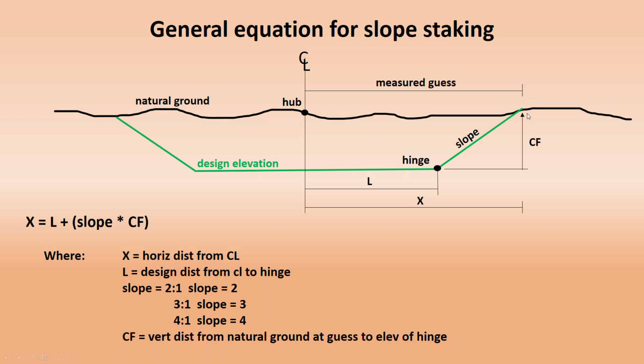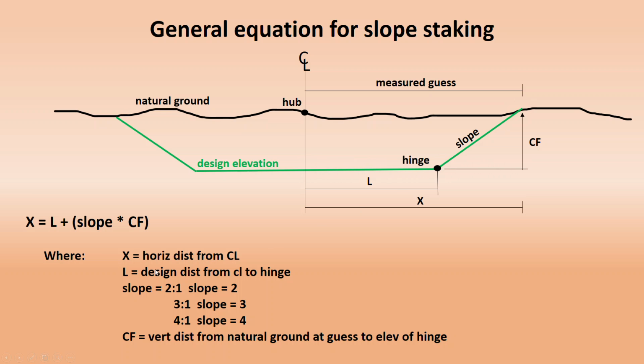Could be 1 to 1, 2 to 1, or 3 to 1. And we don't know how far we're going to have to run that slope out horizontally before we catch the ground, because the ground is an unknown surface equation. So that's a variable distance. L is a fixed distance. This horizontal component of our slope is a variable unknown distance. We have to solve for that.